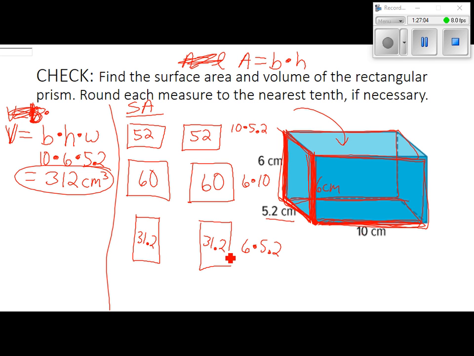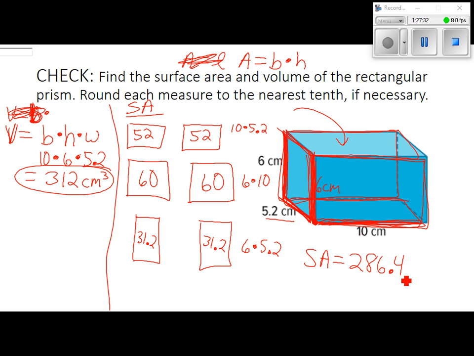And then all you're gonna do to find the total surface area is add all of those up. So 52 plus 52 plus 60 plus 60 plus 31.2 plus 31.2, and I end up with 286.4.